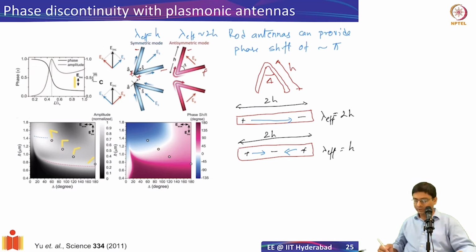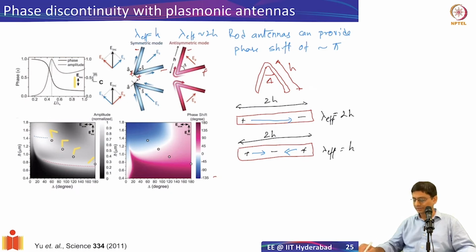So for various shapes, you can get different amplitudes, okay? And the interesting part is the phase, on the right side here. You see that the phase is going from, in this case, I think minus 3 pi by 4.